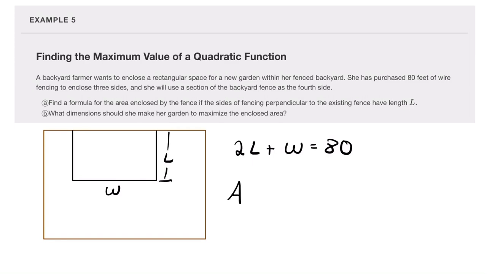So say she wants to maximize the area based on the length, right? So that's going to be what? L times W, right? So then that's going to be L times, now W is going to be what, 80 minus 2L?